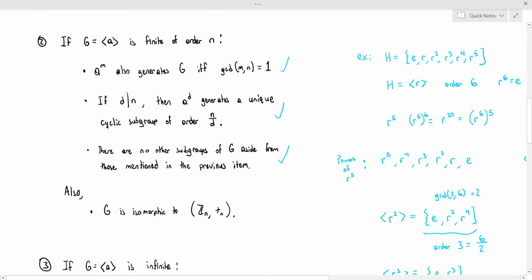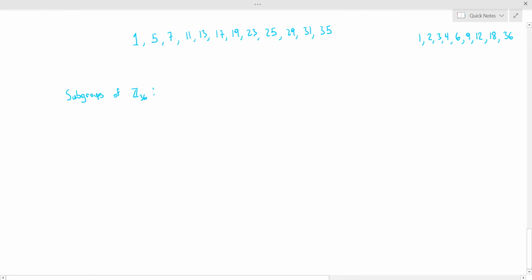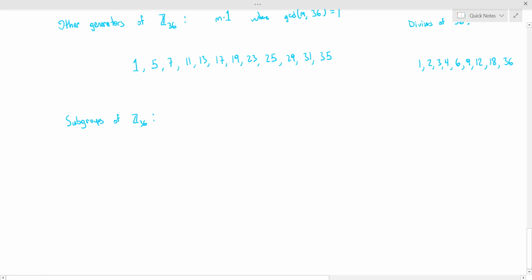But since I'm using addition as my group operation, rather than considering powers of a generator, I want to consider multiples instead. So the subgroups will be generated by m times the generator 1, but this time where m is a divisor of n.